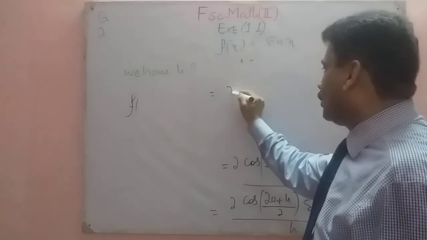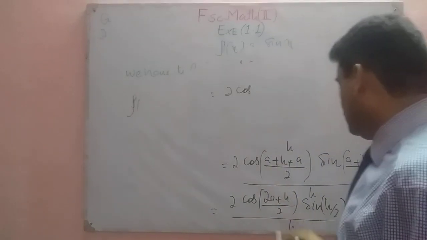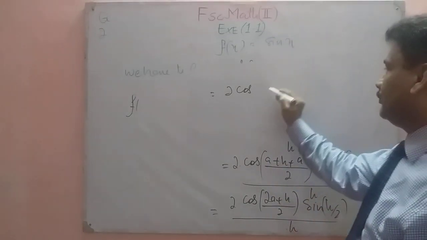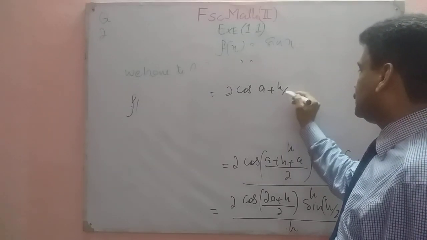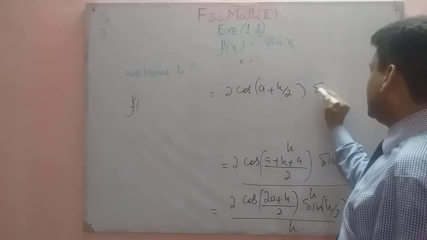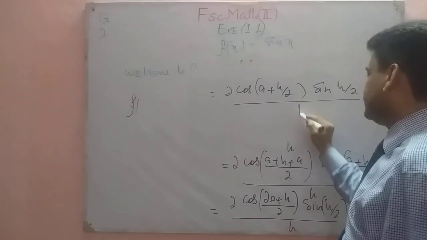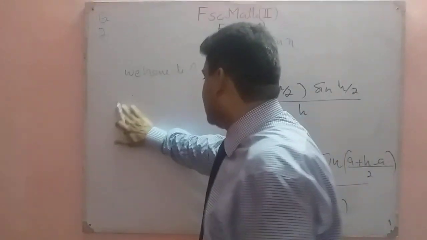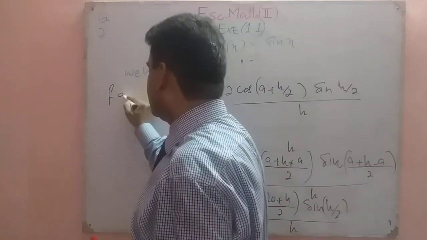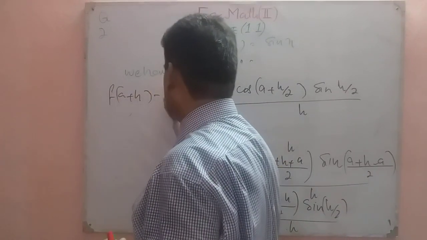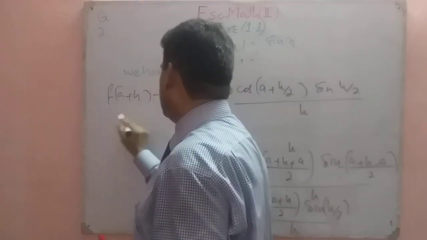It will be equal to 2 cos(a + h/2) sin(h/2) divided by h, which is the value of (f(a+h) - f(a))/h.